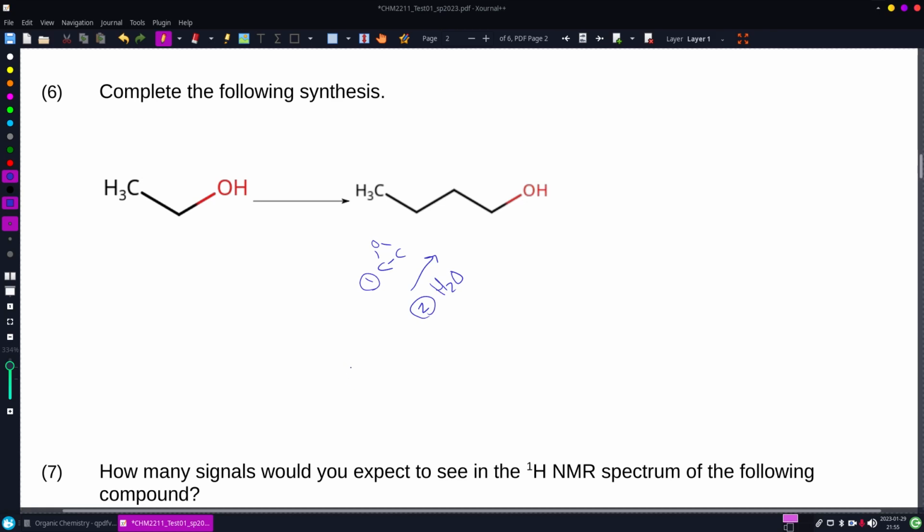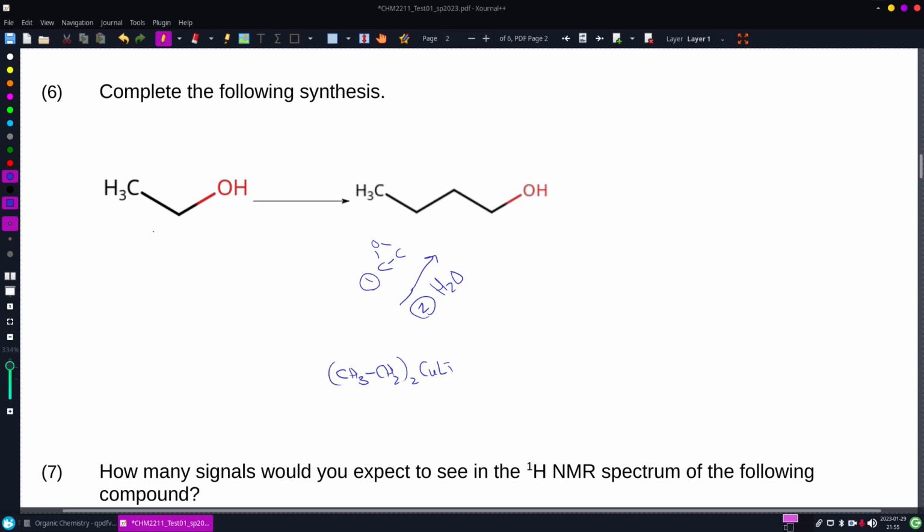And that could have been done to an organometallic with 2 carbons. And I'll do Gilman because it works a little bit better. All right, so working backwards, if I just had 2 carbons as an organometallic and did the 2 carbons and OH, I'd end up with something like this, followed up with water.